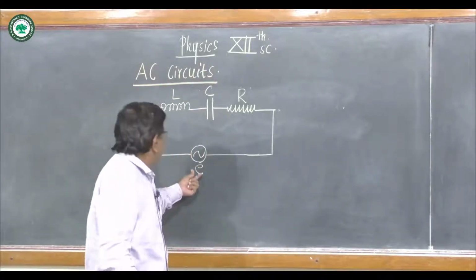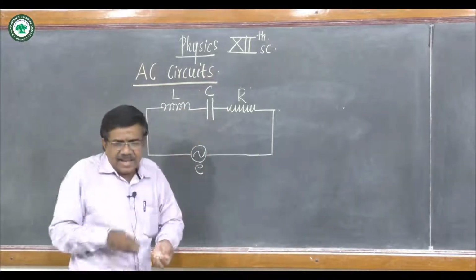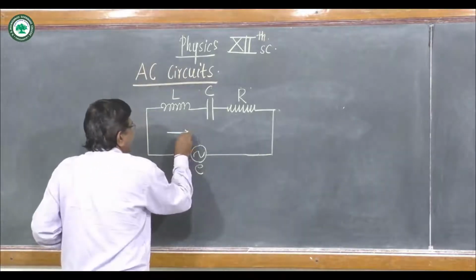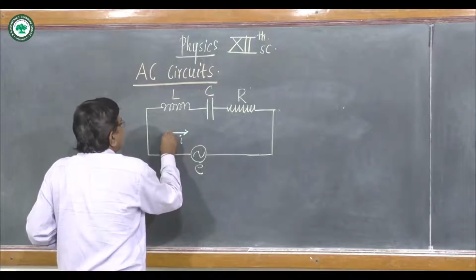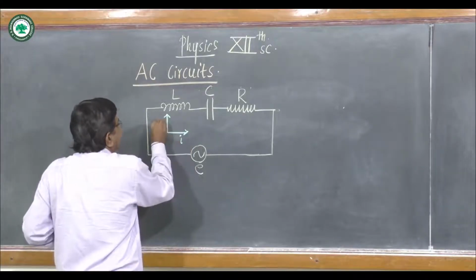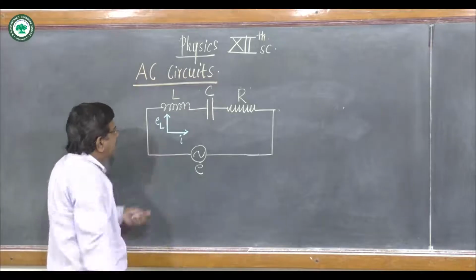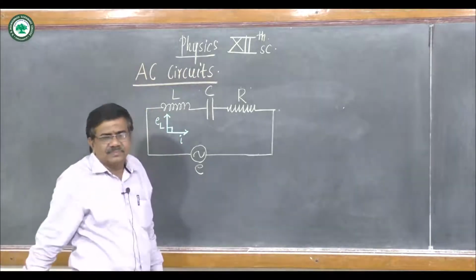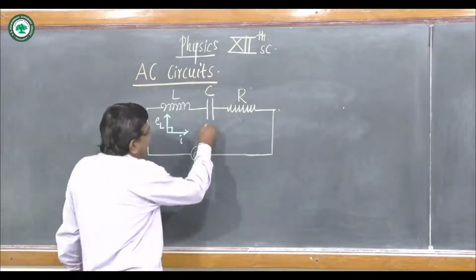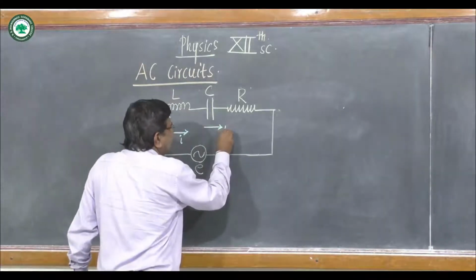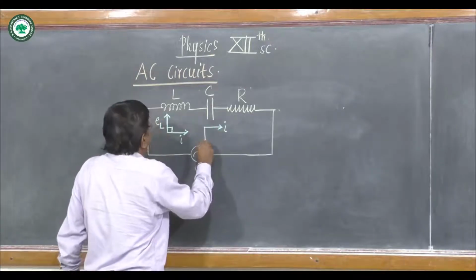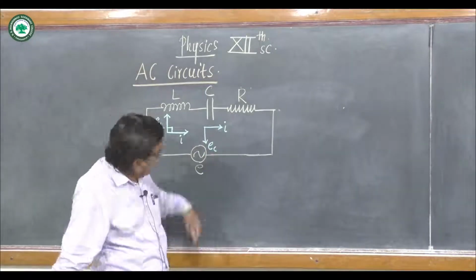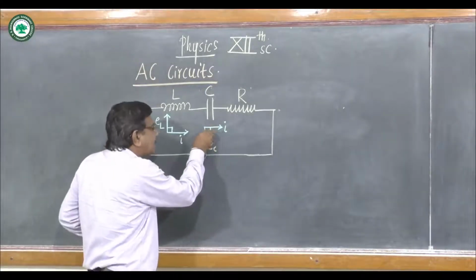Here the alternating EMF is applied, and we know in case of inductor, if this is the current, EMF leads the current, that is EMF across the inductor leads the current by the phase pi by 2. In case of capacitor, if this is the current, EMF across the capacitor, that is EC, lags the current by pi by 2.